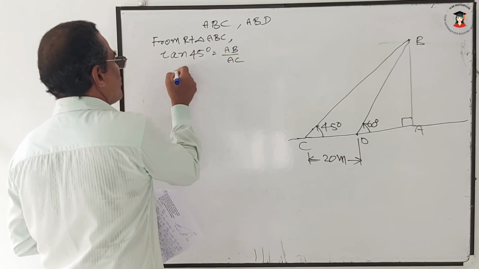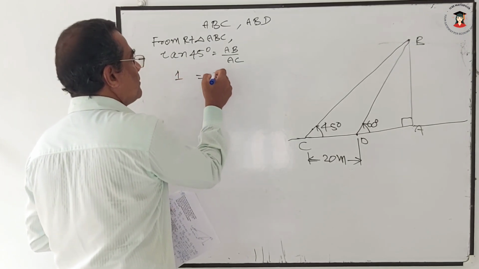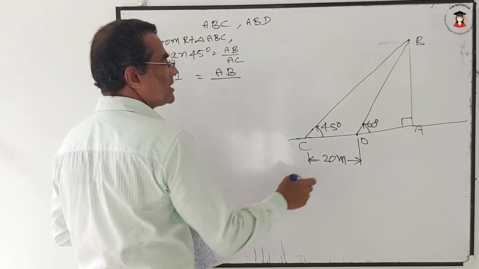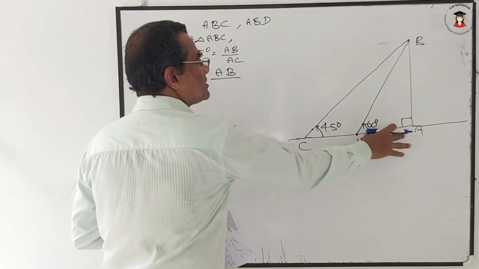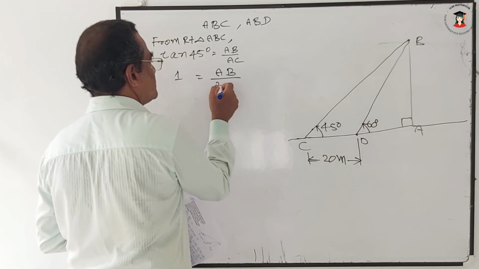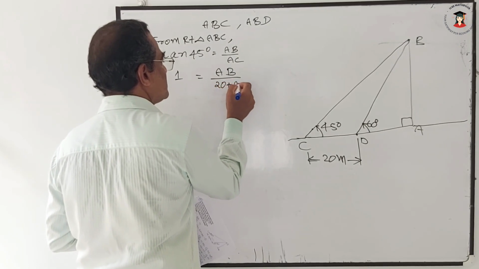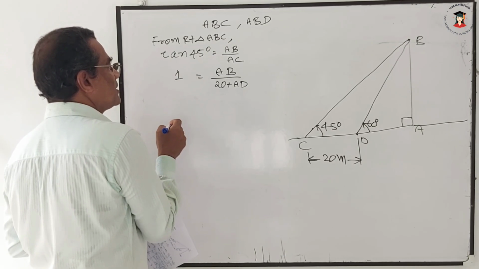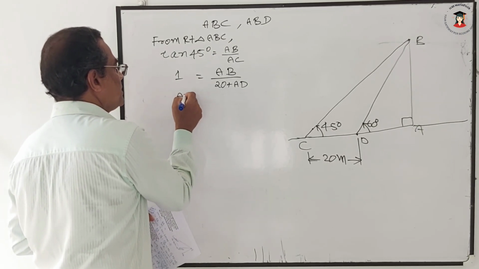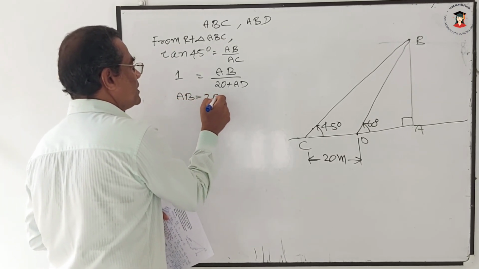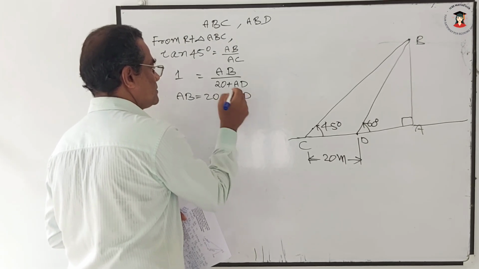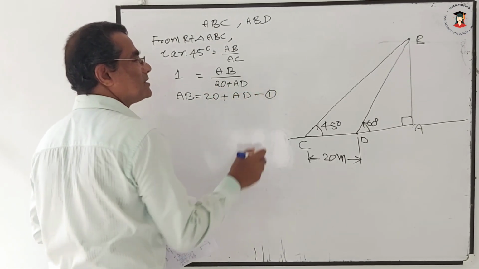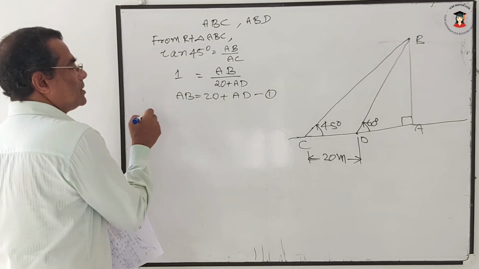Tan 45 is 1 and AB is the height of the tower. AC can be written as 20 plus AD. So, cross multiplication will give AB equal to 20 plus AD. Take it as the first equation, number 1.